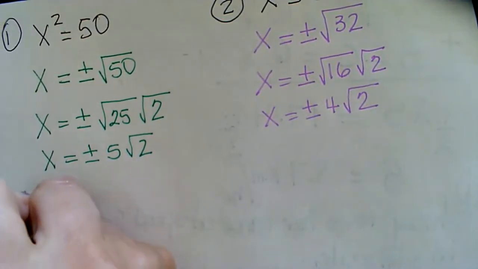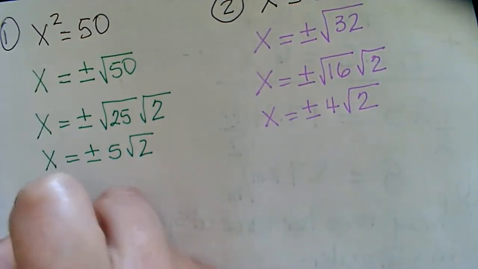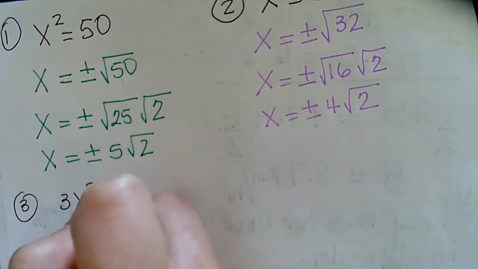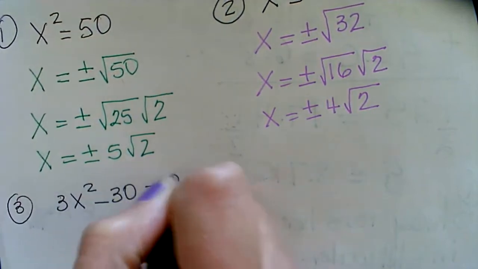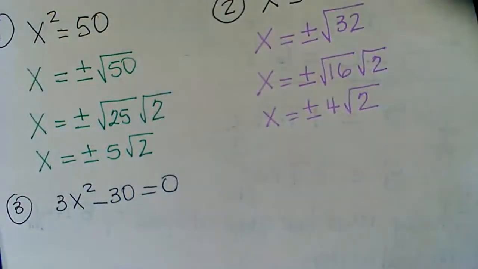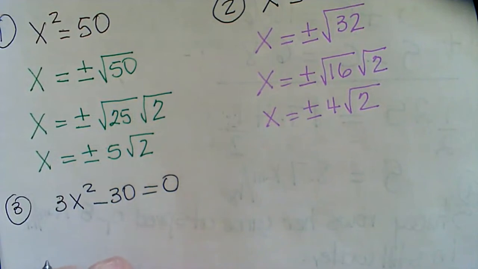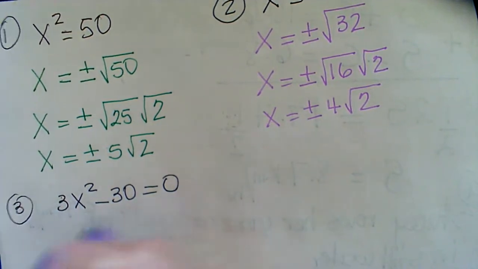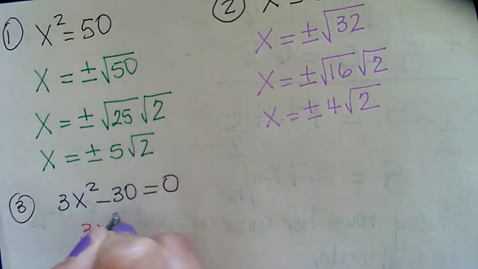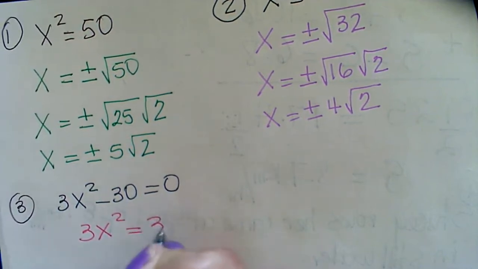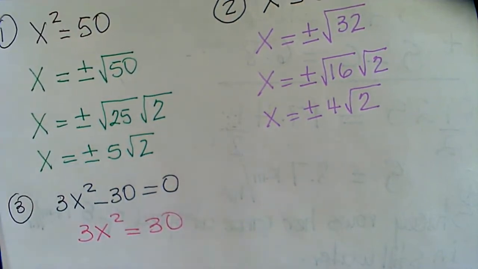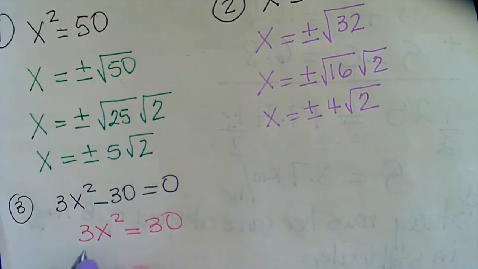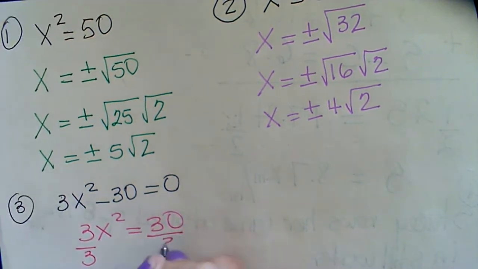Number 3, we have 3x squared minus 30 equals 0. So what do I do there? I need to isolate, so it's going to be 3x squared equals 30. Now I'm going to divide by 3.